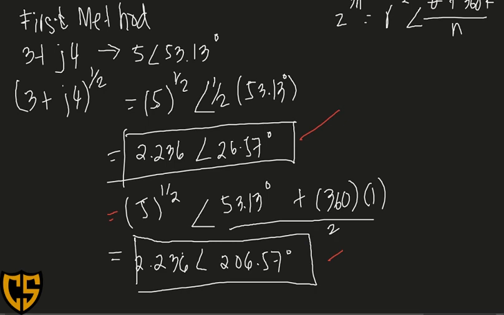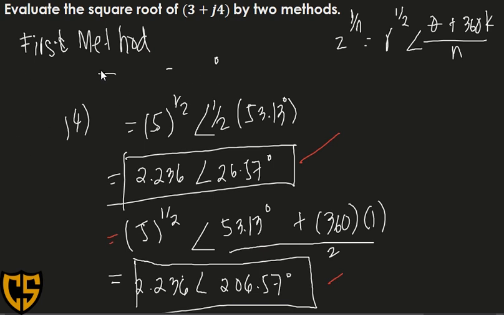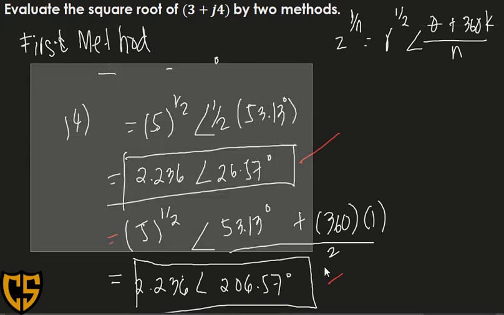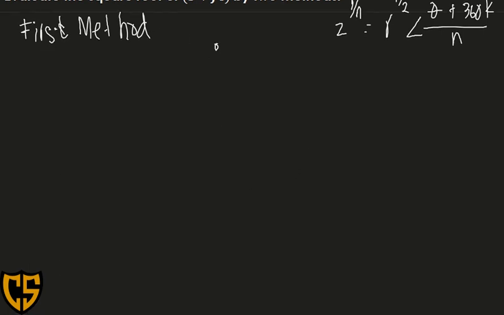So now we will have the second method of solving our equation. So for the second method, we are going to use the rectangular form of complex numbers. Okay, given is 3 plus j4.